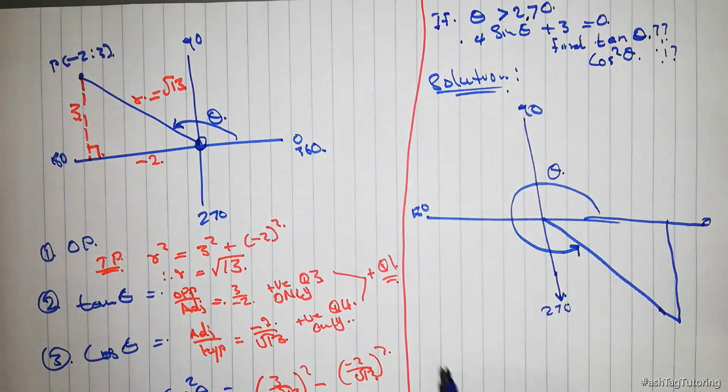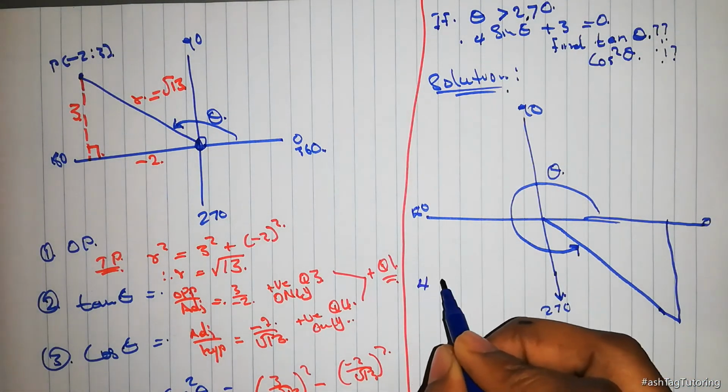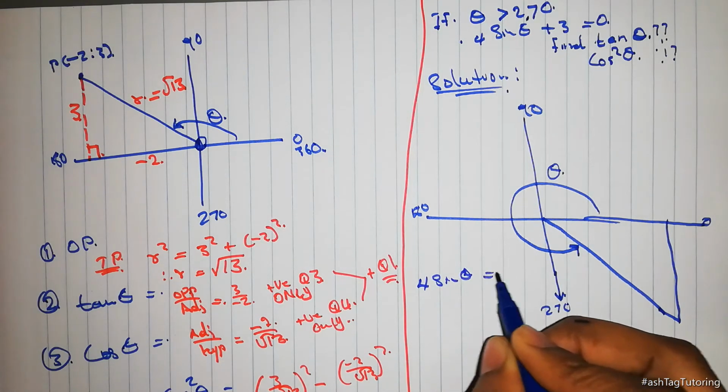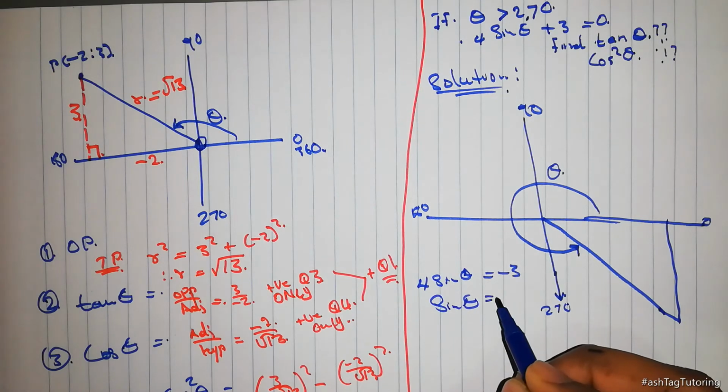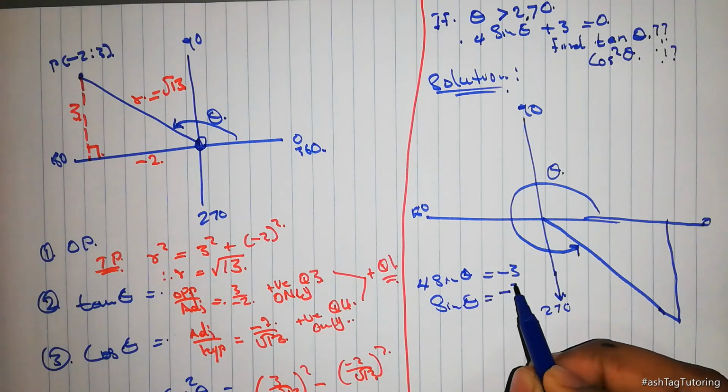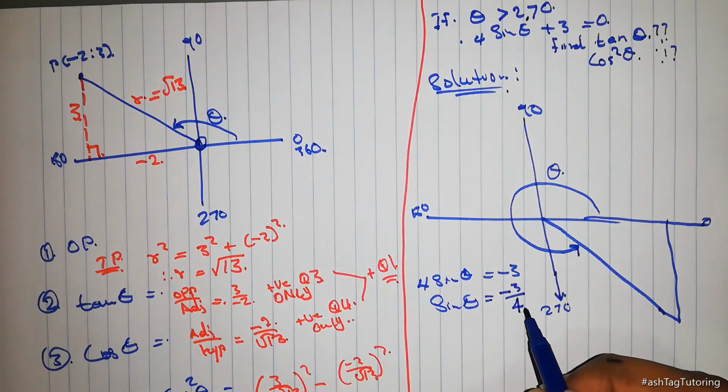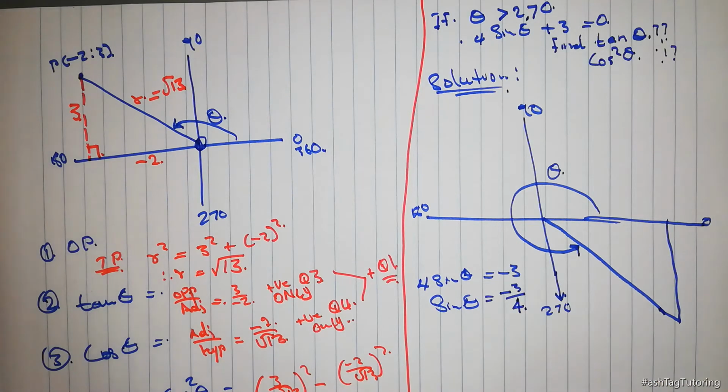The second condition: we are told that 4 sine theta plus 3 is equal to 0. Therefore, sine can be defined as -3 over 4. But we know that sine theta is opposite over hypotenuse.